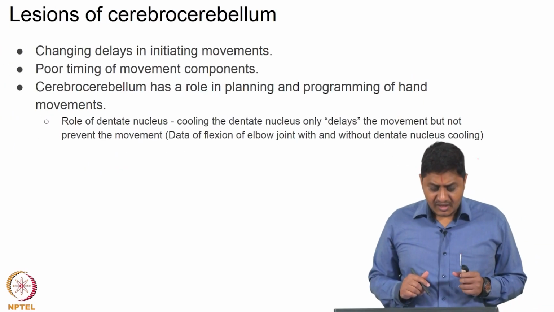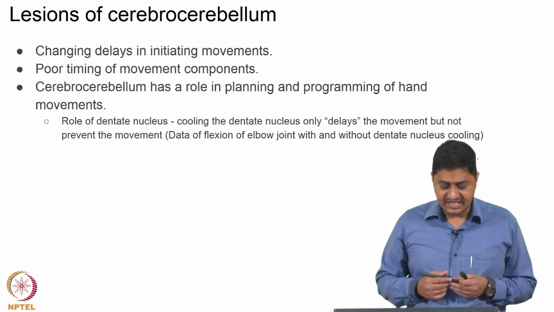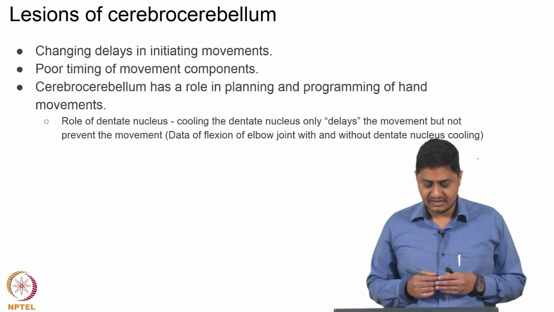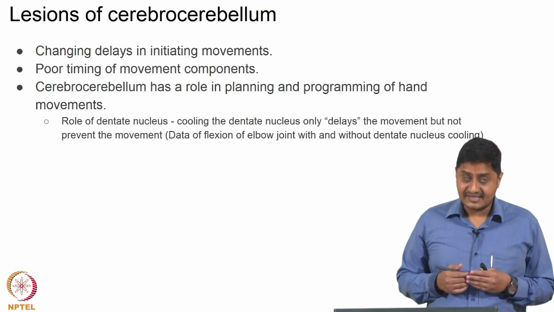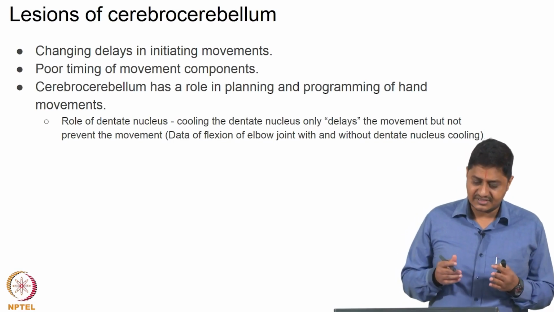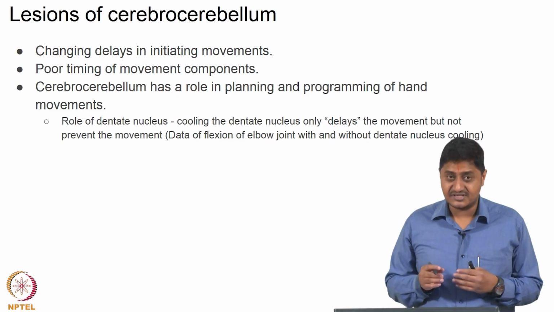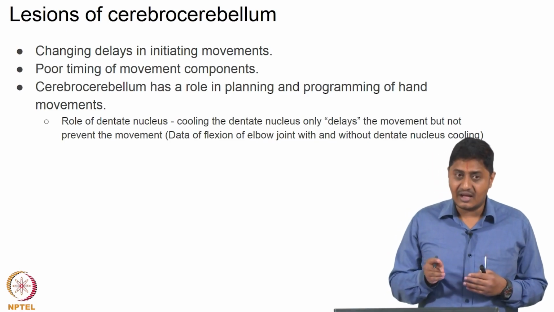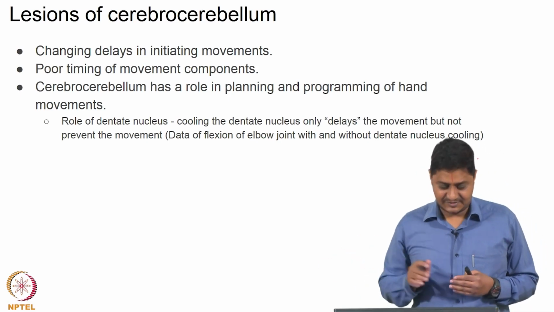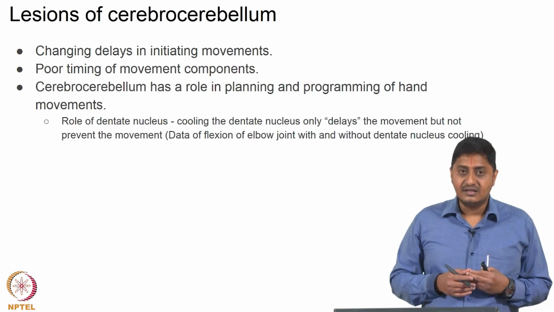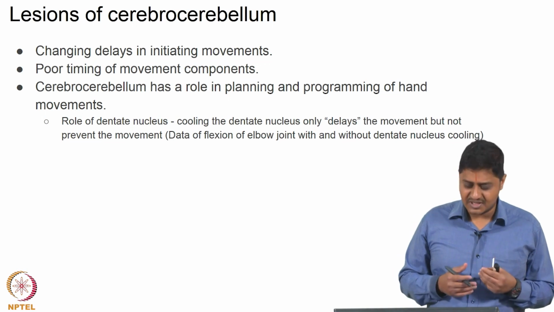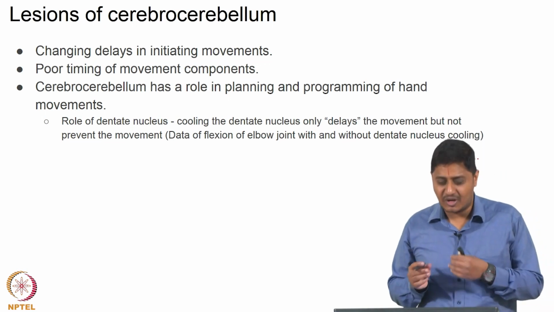Okay. Now, whenever there is a lesion in cerebellum, there is a delay in initiating movements. So, that means that there is slowness of movement. When a muscle is expected to be activated, this muscle is activated a little later than expected, and there is poor temporal coordination of various components or poor sequencing of movement components.